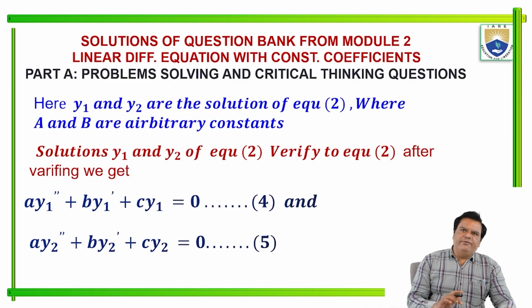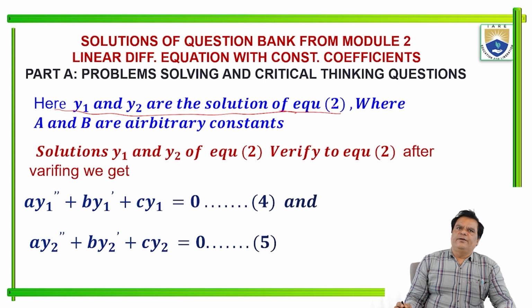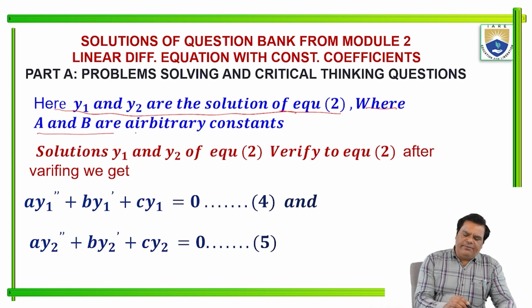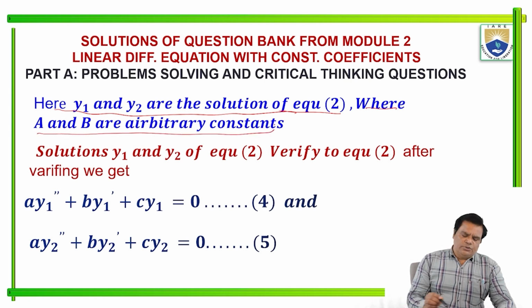Now y1 and y2 are functions of x, solutions of equation 2, where a and b are arbitrary constants. The solutions y1 and y2 of equation 2 verify equation 2.